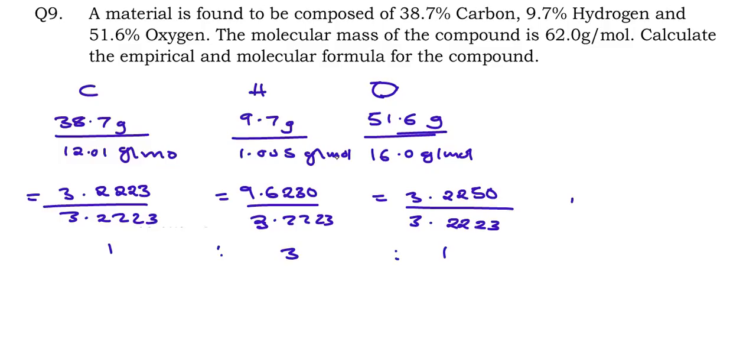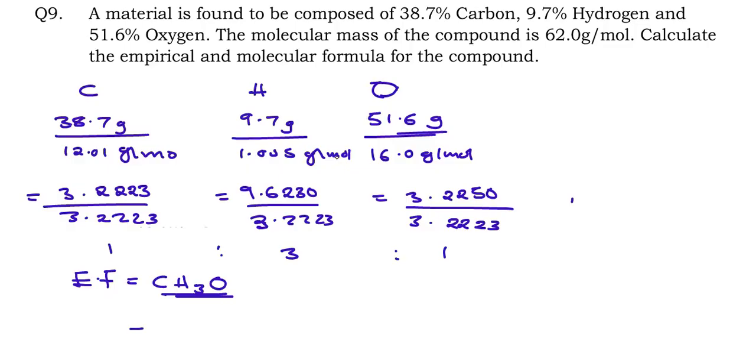Our empirical formula is now C is 1, hydrogen is 3, and oxygen is 1. Since the oxygen is just 1, our empirical formula becomes CH3O. Now to find the molecular formula, we first find the molar mass of the empirical formula. I explained this in the previous video, so I'm not going to take long.